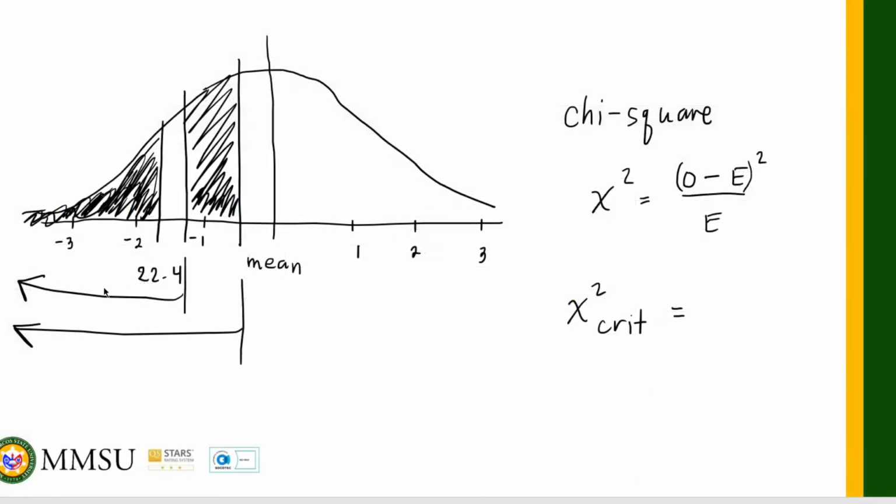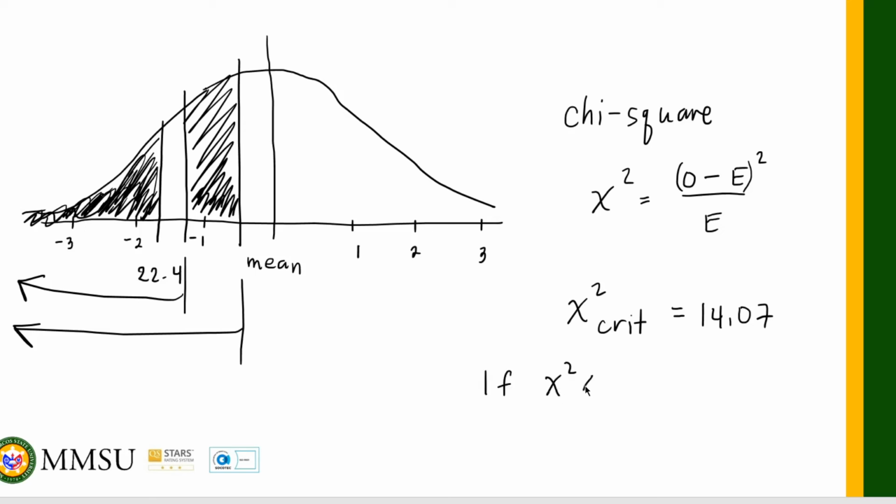So, if we go back to our presentation, the critical is 14.07. Para magamit natin itong normal na distribution, kailangang mas maliit yung chi-square na na-compute natin kaysa doon sa critical.